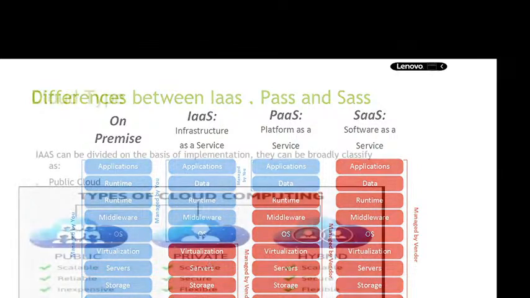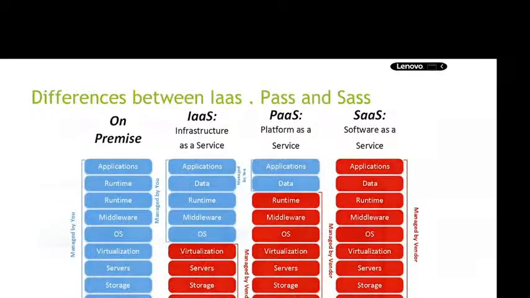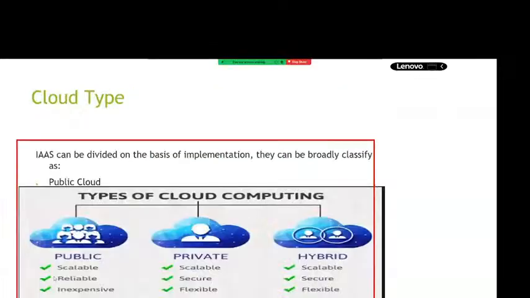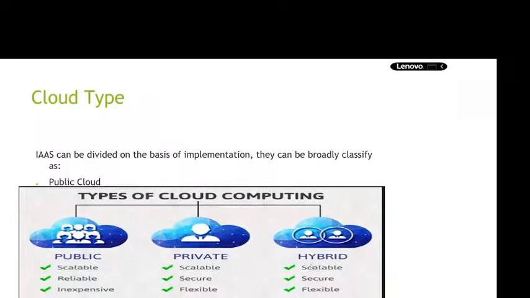Next, these are the types of cloud. One is public, private, hybrid. What is public? A generic term, right? Accessible by all.